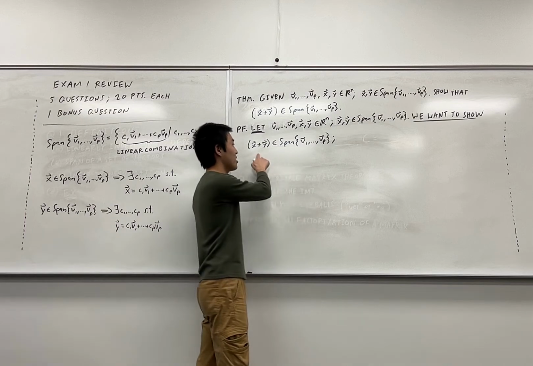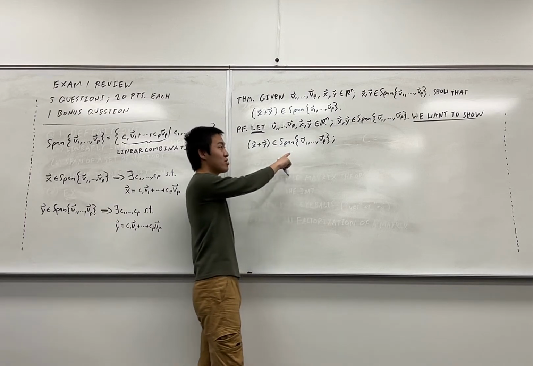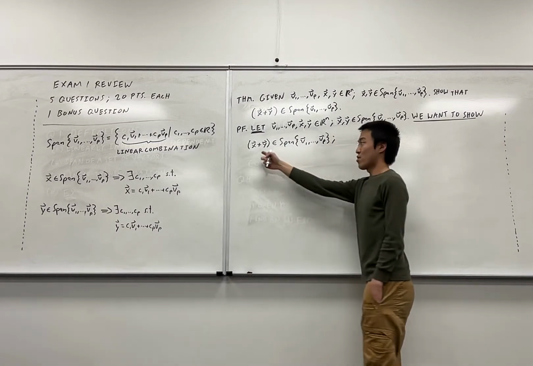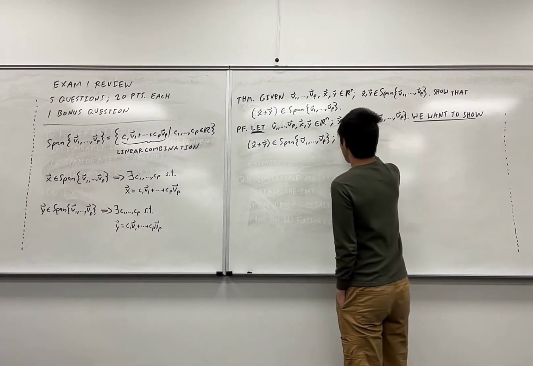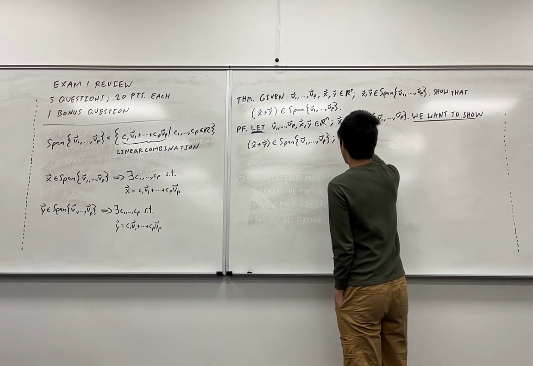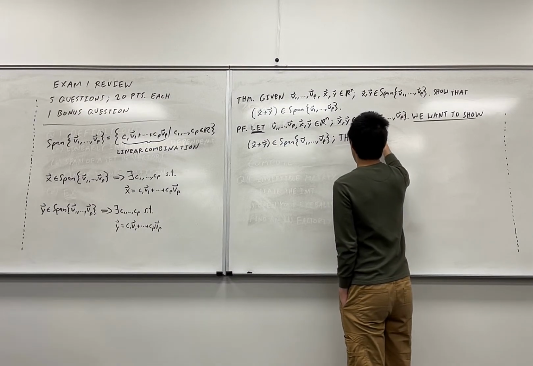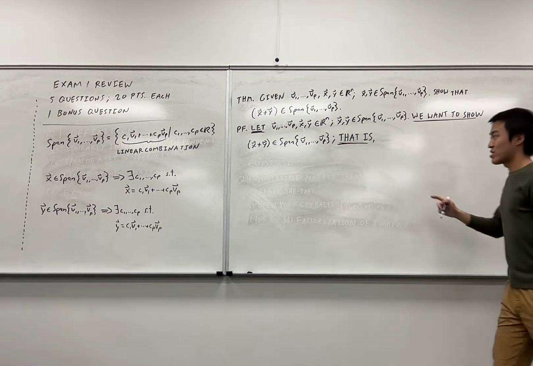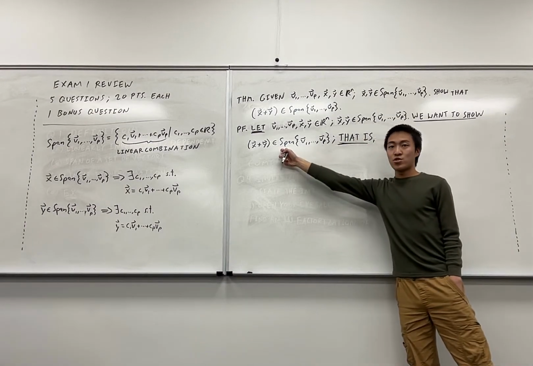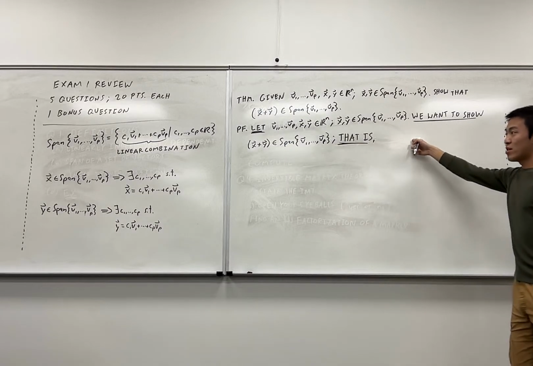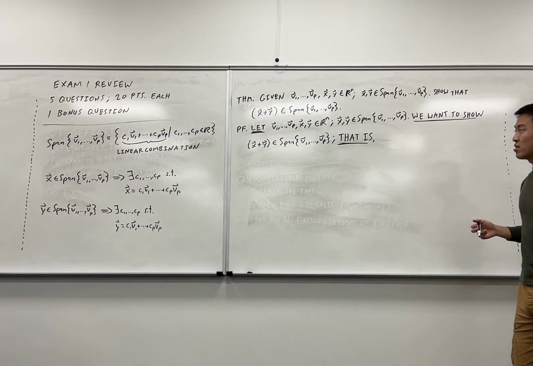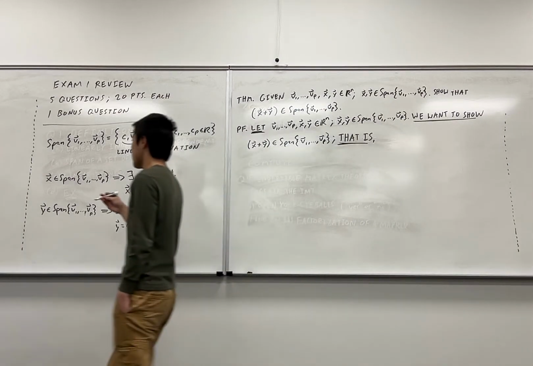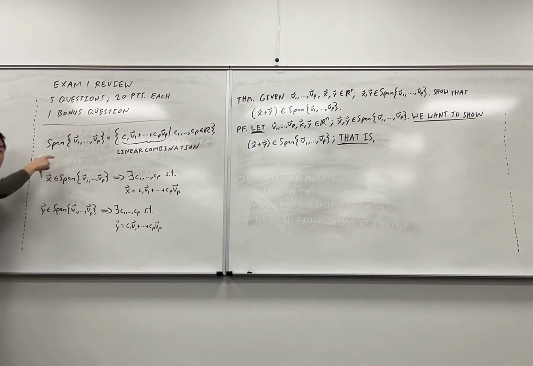Now, let's articulate this in human, understandable terms. So what does it really mean for x plus y to be in the span? Well, that is, and here's a really excellent phrase, that is, a great logical connector. It's basically going to reframe what you want to show in terms of its definition. So, what's the definition of span?